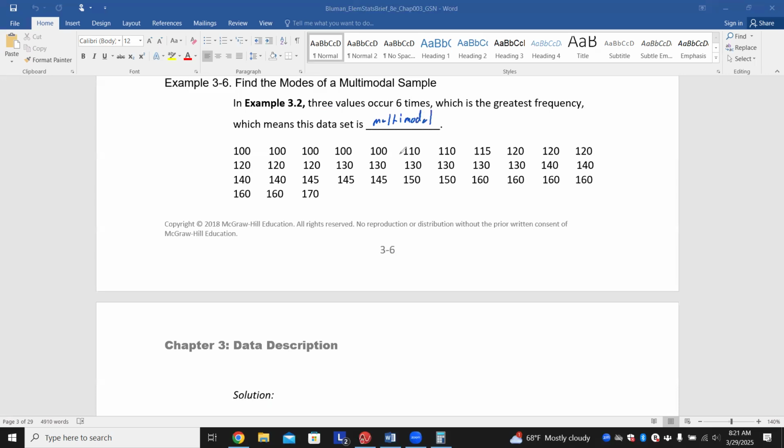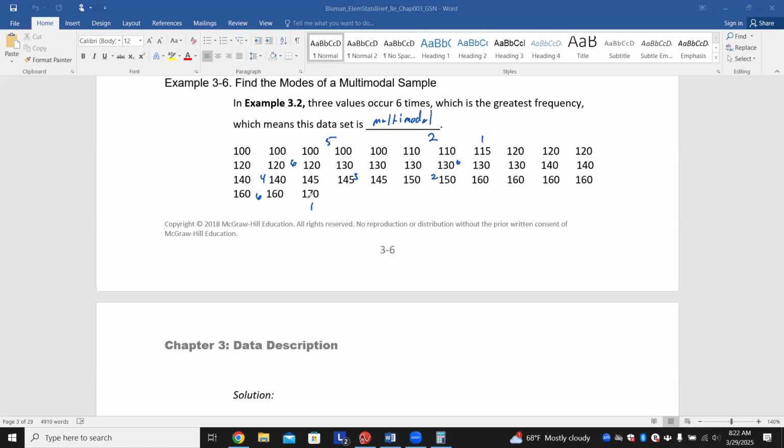If you're looking for those, it would be 1, 2, 3, 4, 5, 6, and so on, counting each value.